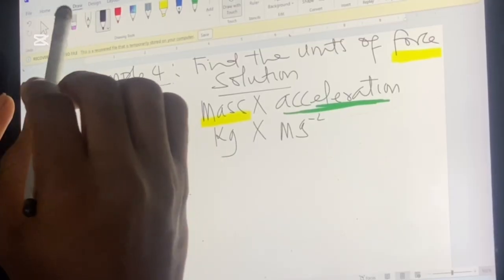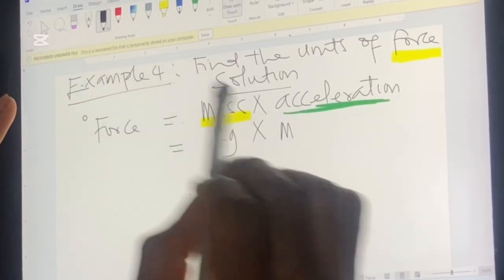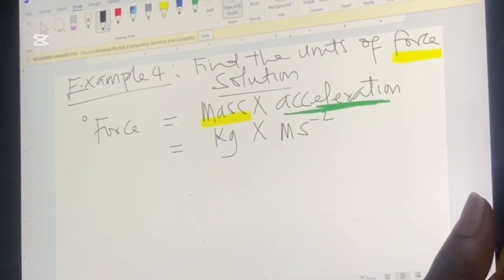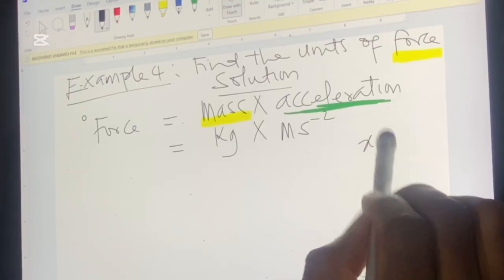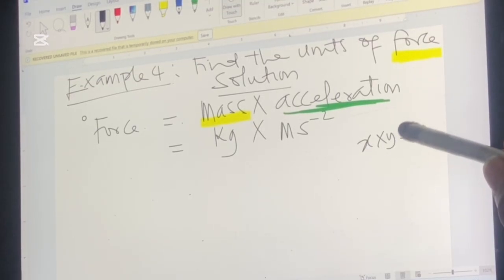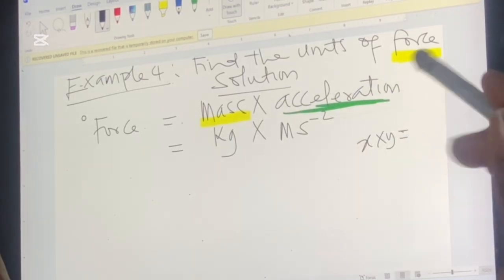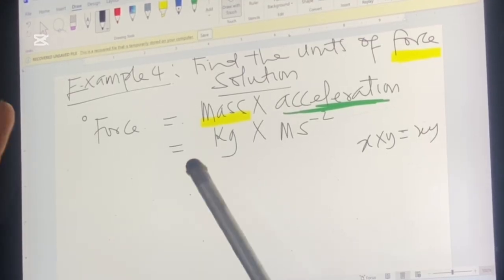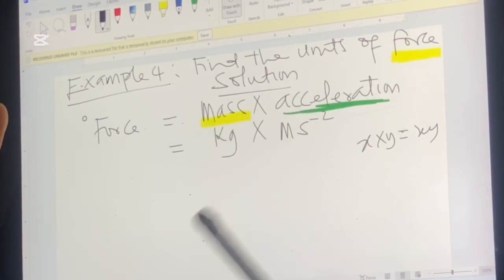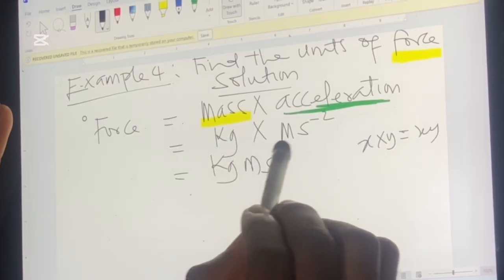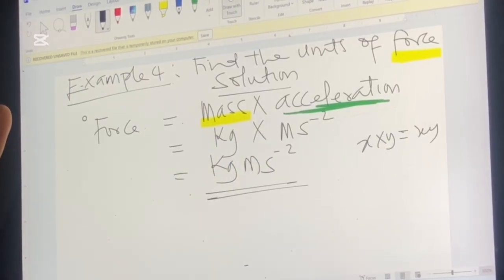Now class, remember that whenever you multiply two letters, such as s times y, the result is the combination of them, that is sy. So let's apply the same law here. I have kg times meter per second square, so the result is kg meter per second square. This is the formula, and this is the unit.